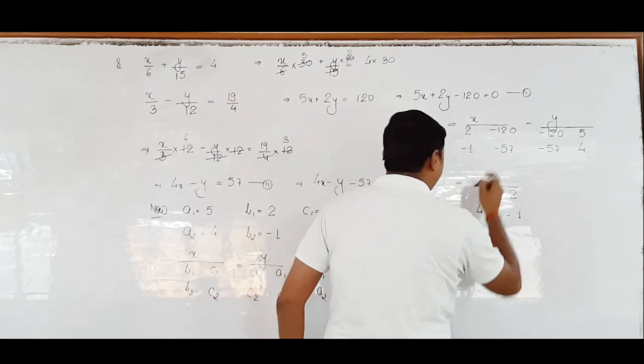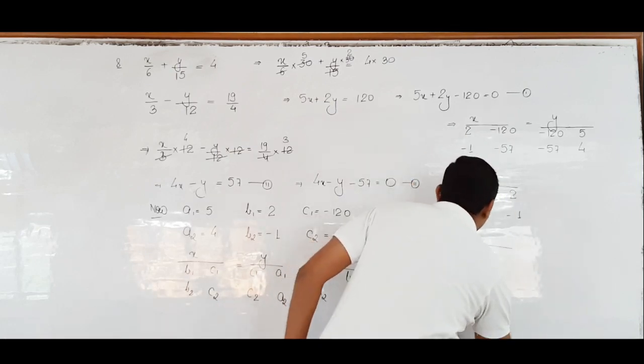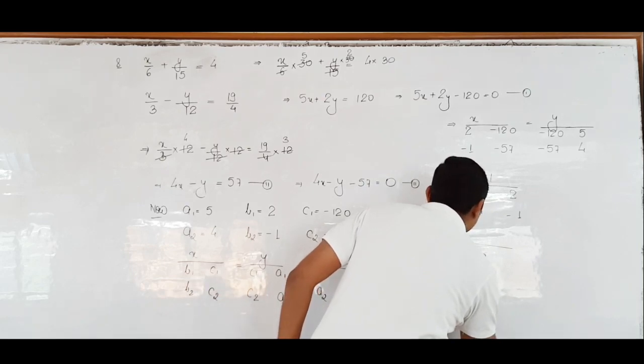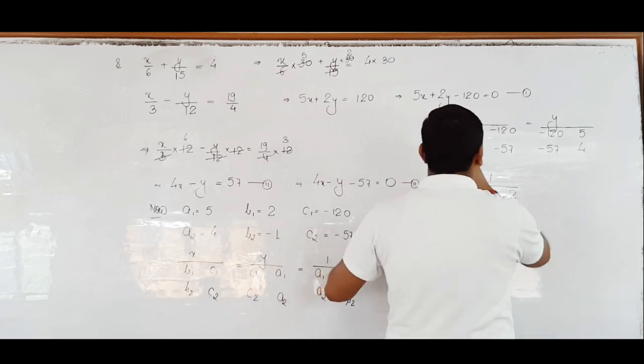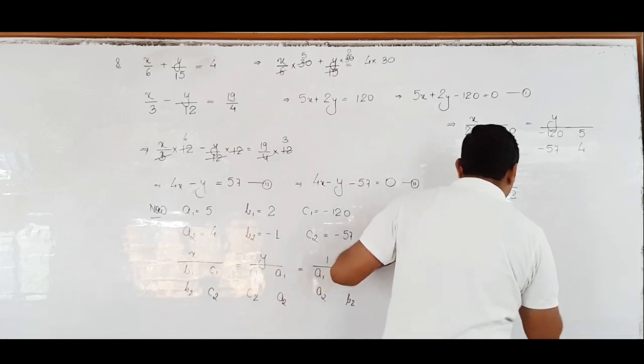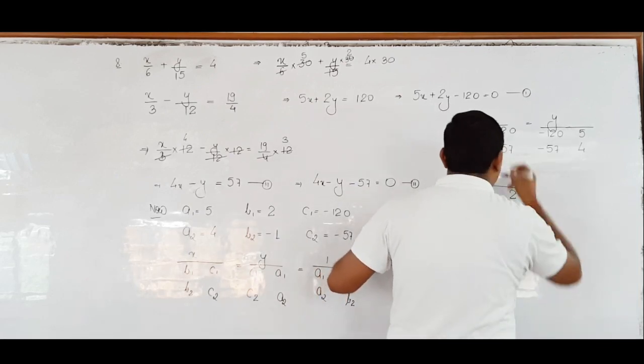So x by 2 into minus 57 minus 1 into minus 120.